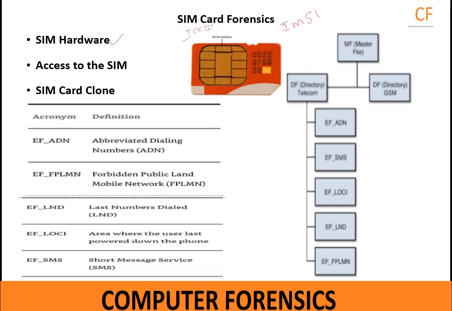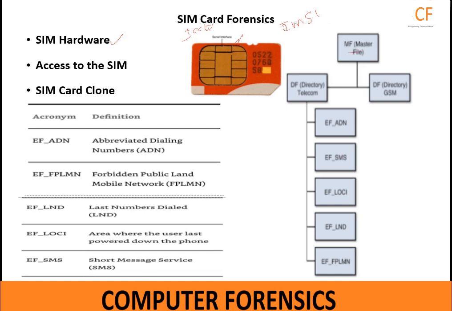The serial interface is the area where the SIM card communicates with the handset, as in the diagram. The SIM file system: the electronically erasable programmable read-only memory, EEPROM, is where the hierarchical file system exists. The operating system, user authentication and encryption algorithms are found in the SIM card's read-only memory, ROM.